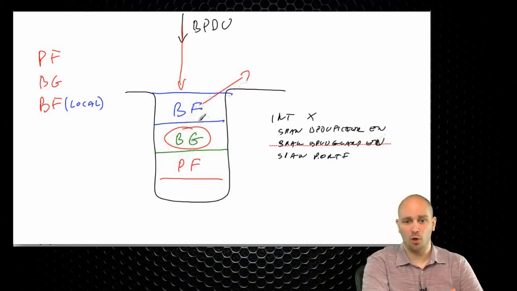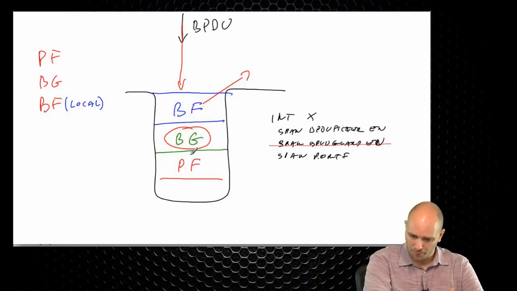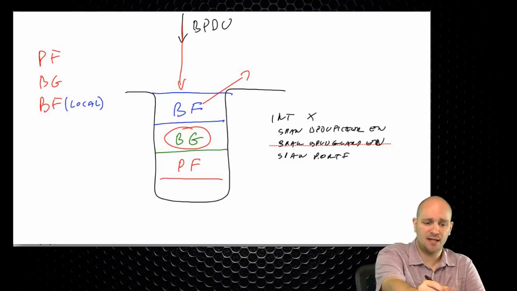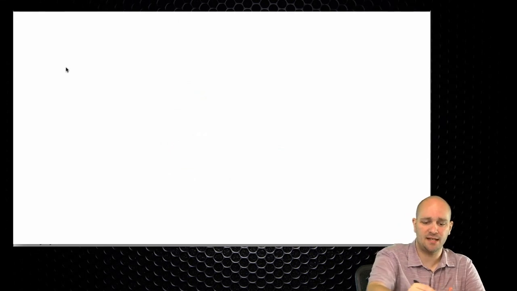Now imagine that there was no BPDU filter here, the guard will be hit before the Portfast is actually encountered.